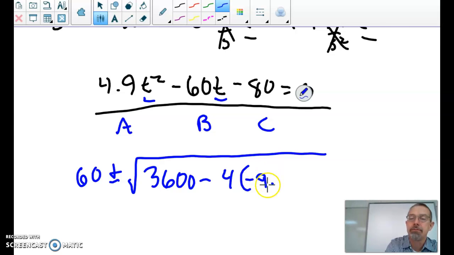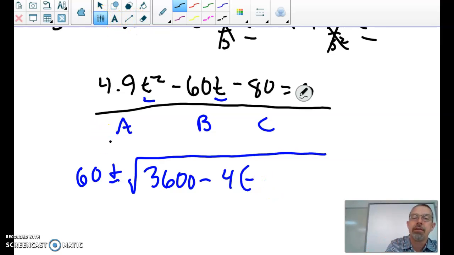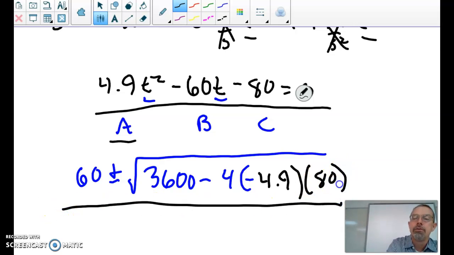I'm sorry, that's not true. My a value, I'm mixing up acceleration and this value for a, is 4.9, times negative 4.9, okay, c times 80, all over 2a, which is 9.8.